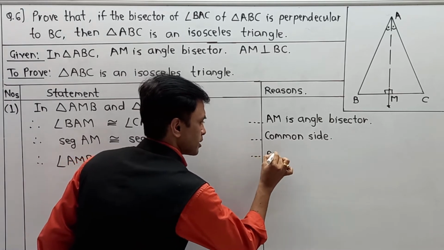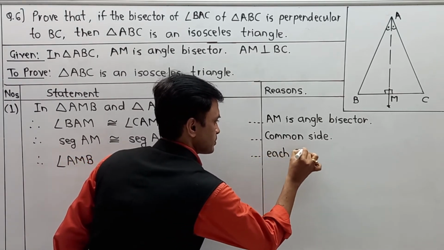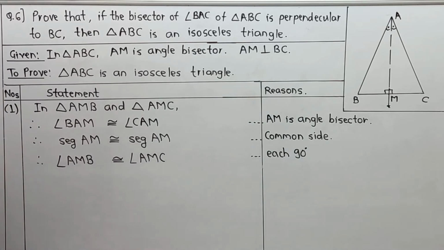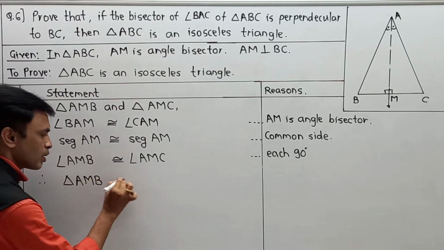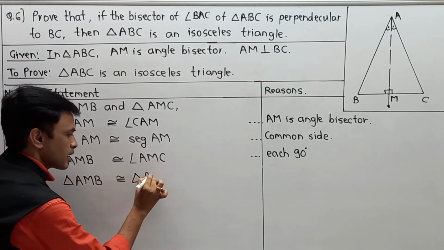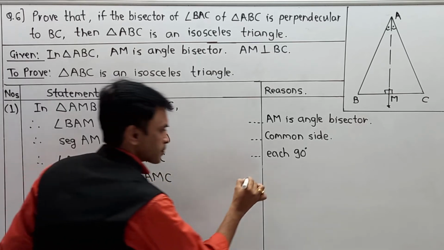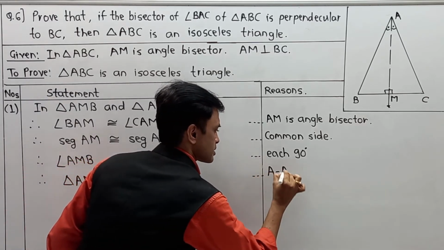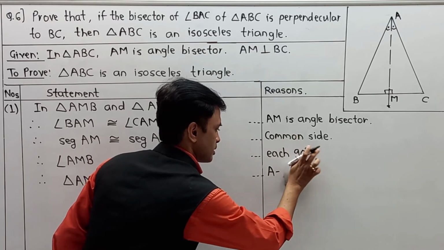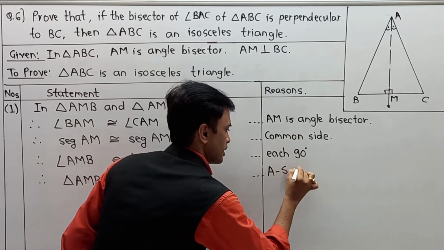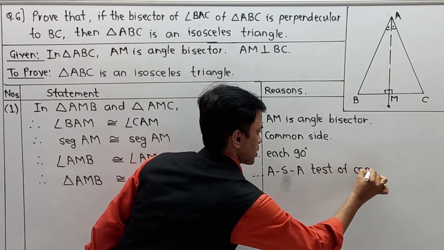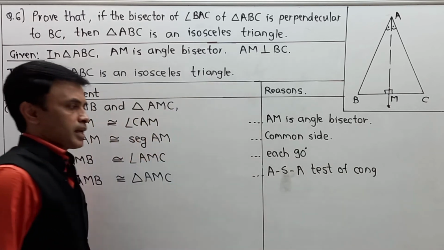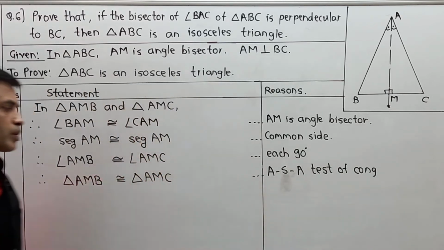Reason: each is 90 degrees. Therefore, triangle AMB is congruent to triangle AMC by angle side angle, the test of congruency.